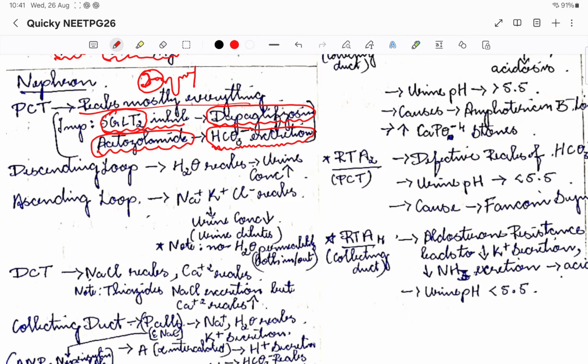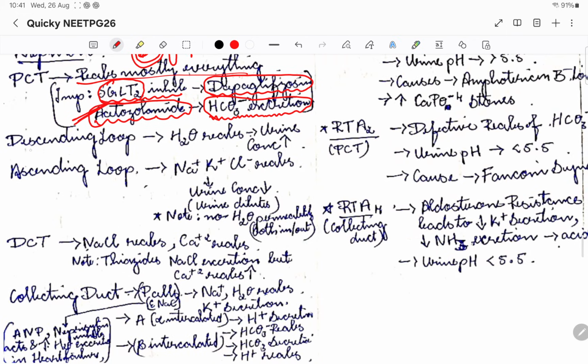In certain cases, like hypoventilation or high altitude sickness, we have to reduce the alkalosis. So we use acetazolamide, and we increase bicarbonate excretion from the body and create an artificial acidosis, which basically maintains the acidotic level in our body. So that is the main action of acetazolamide, and its action is in the PCT.